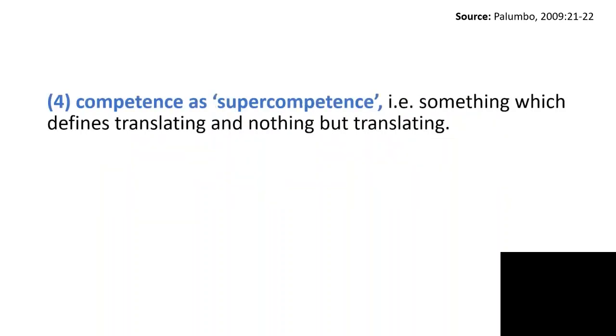And finally we have number 4, the idea of competence as what he terms super competence. In other words, something which defines translation and nothing but translation. So we have in this case what defines translation as such and makes it stand out from other linguistic related activities.